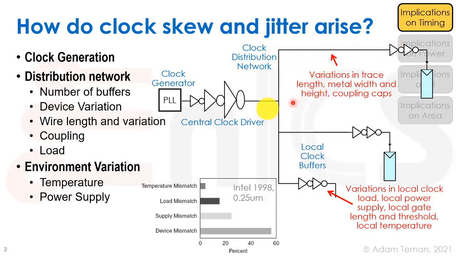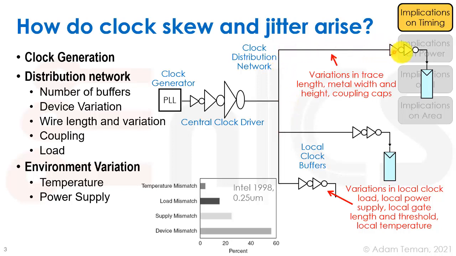Okay, and in any case, what happens is that this part here is common to all of the clock sinks. All of these registers have this part within them, so the skew is not going to have anything to do with them, but they are going to be susceptible to jitter. On the other hand, once we branch off into different branches over here, everything changes.